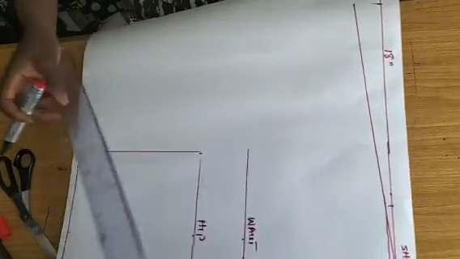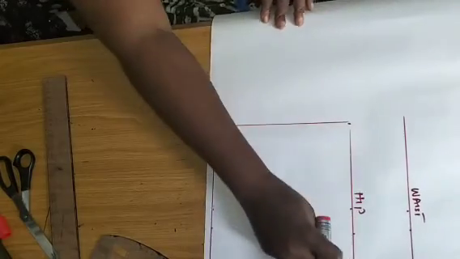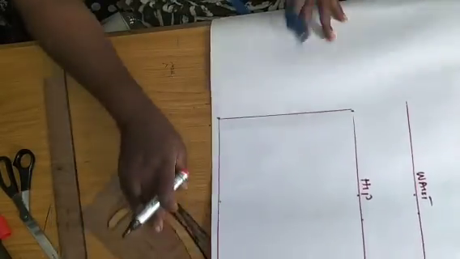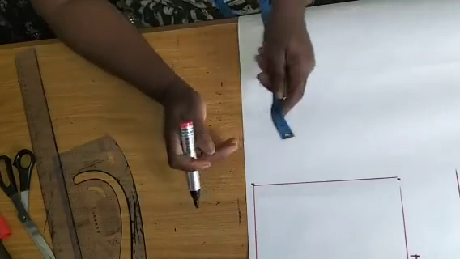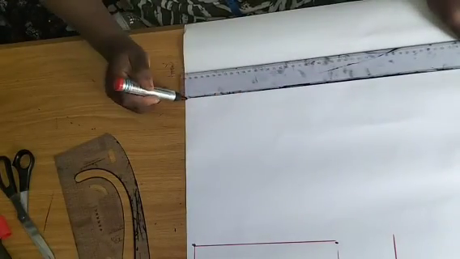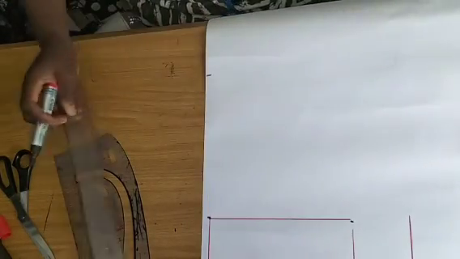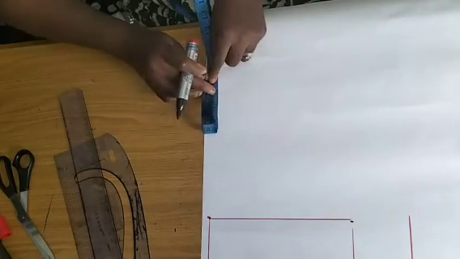Okay, so the next thing we want to start doing, this is my hip circumference divided by 4, but if you can see this dress, you can see it's actually very maxi. So I will bring down what I have on this line to my hem and find the midpoint of it. So from here I'll divide by 2.